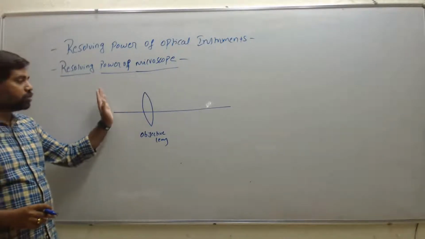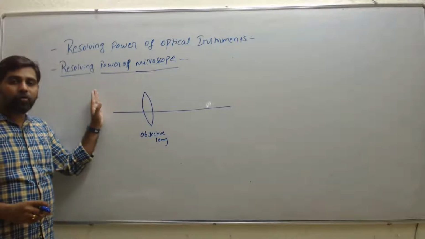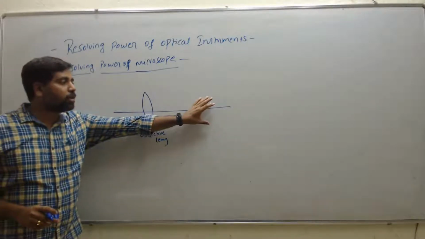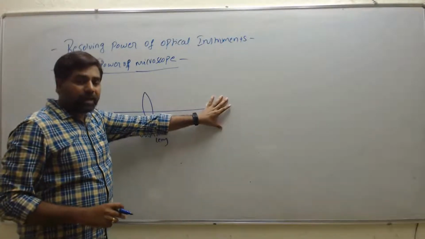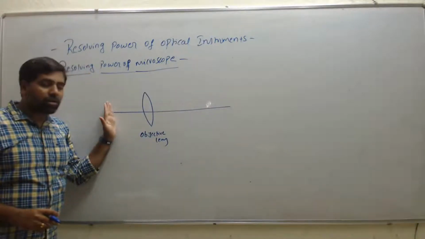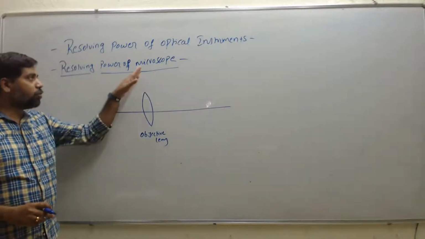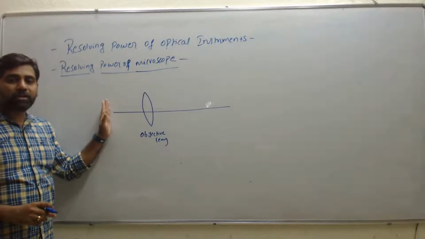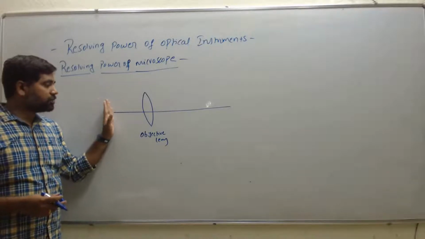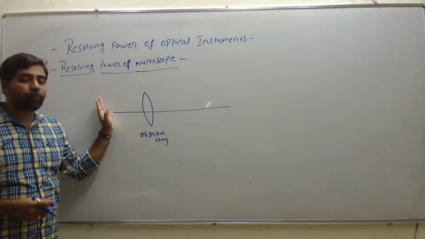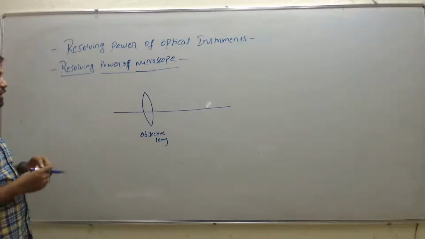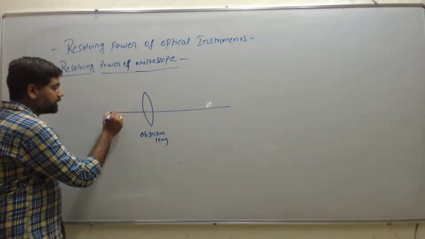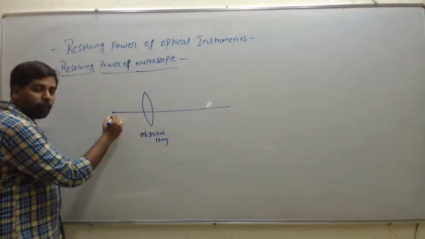If we place the object just beyond the focal length, then the image is formed somewhere here. If we place the object exactly on the focus, then the image is formed at infinity. For that reason, we place the object just beyond the focus.